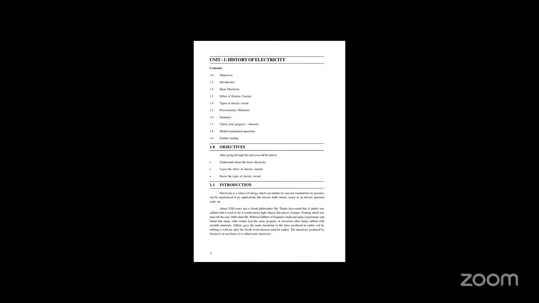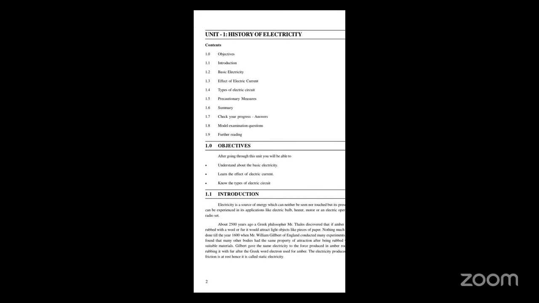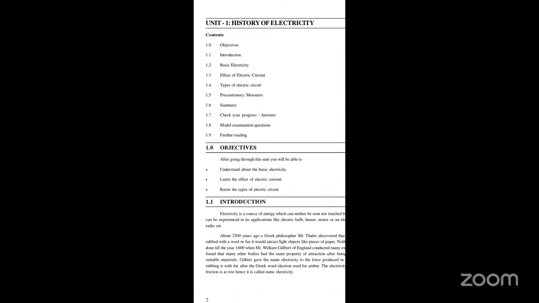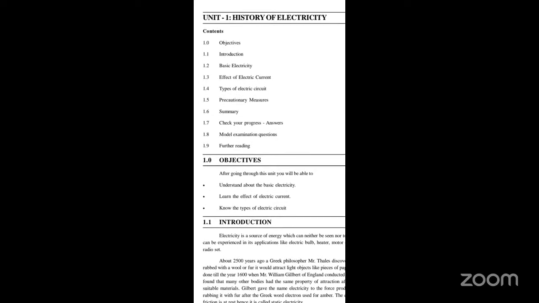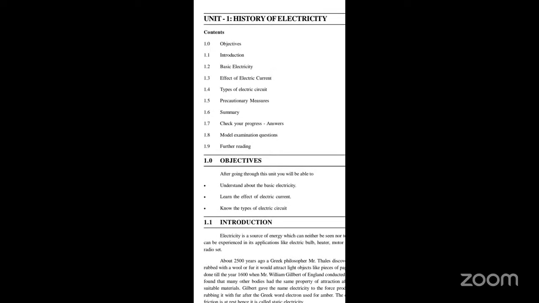In this first unit, history of electricity, what topics do we have? Basic electricity, effect of electric current, types of electric circuit, precautionary measures, and all these we study in this particular lesson. After going through this unit you will be able to understand basic electricity, the effect of electric current, and know the types of electric circuit.